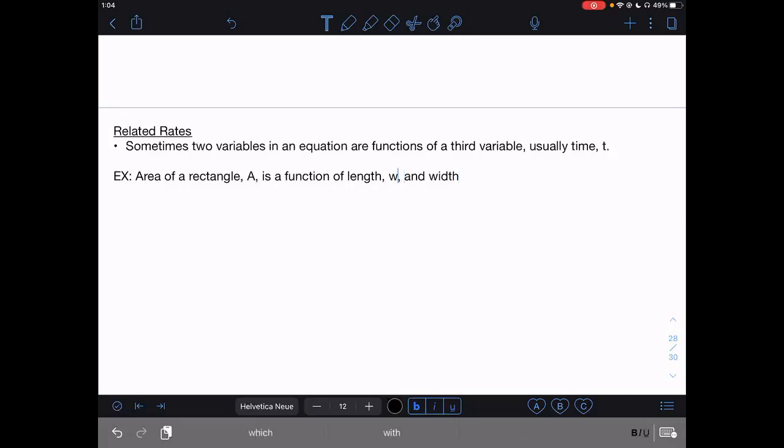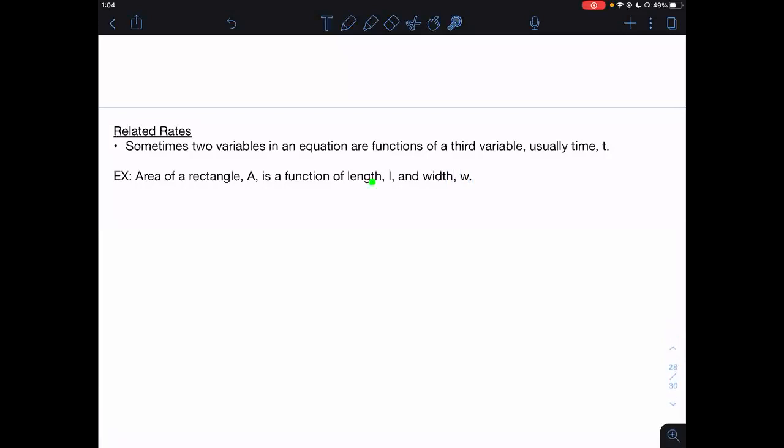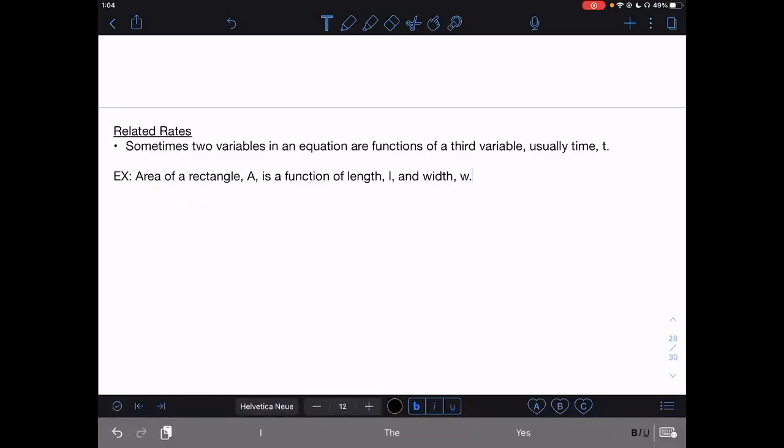So A is a function of two variables, length and width. We input a value for L and a value for W to find the value of a third variable A, where A represents the area of that rectangle.